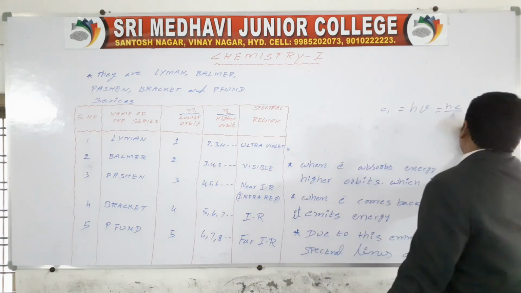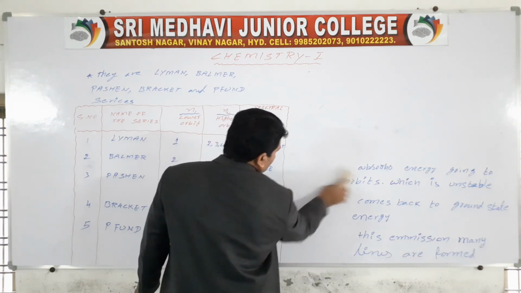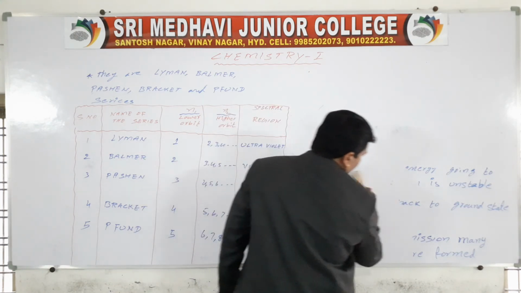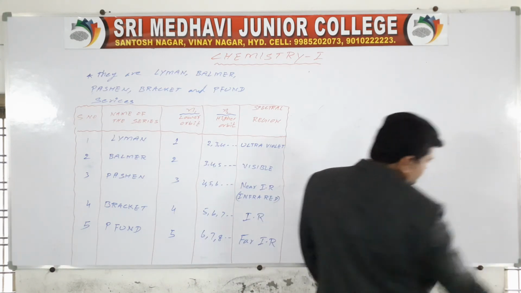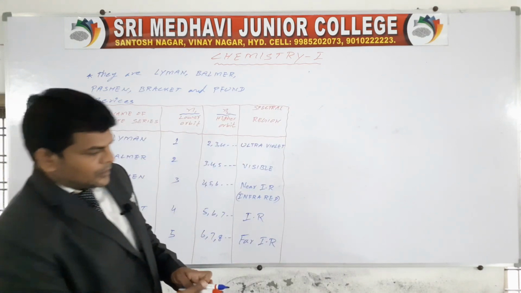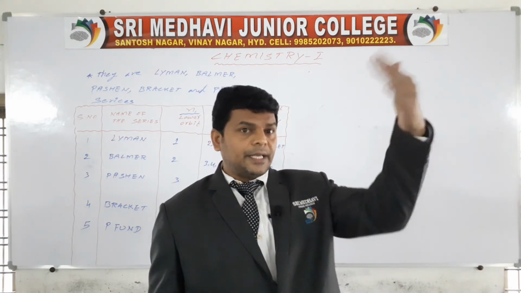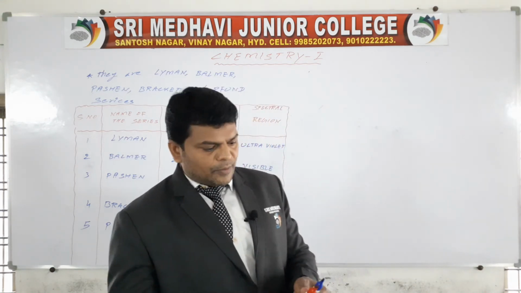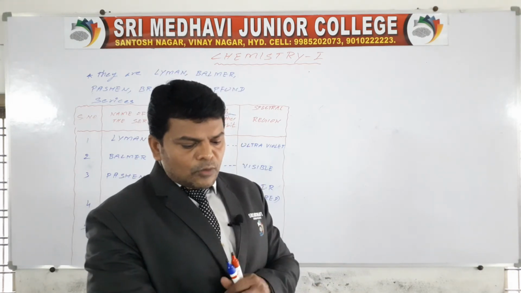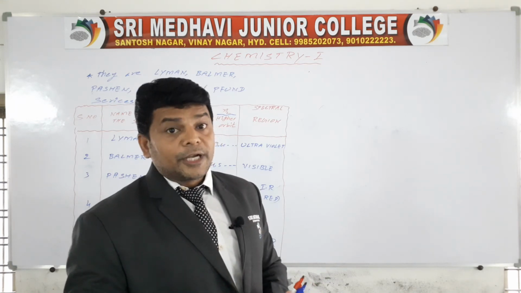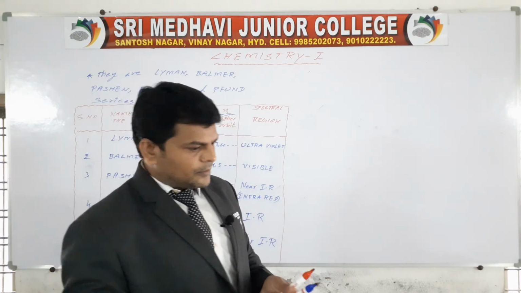Next, how these series are formed in hydrogen spectrum: due to transition of electron from higher to lower orbits, these series are formed. Now I am going to explain with the help of a flow chart how electrons flow.